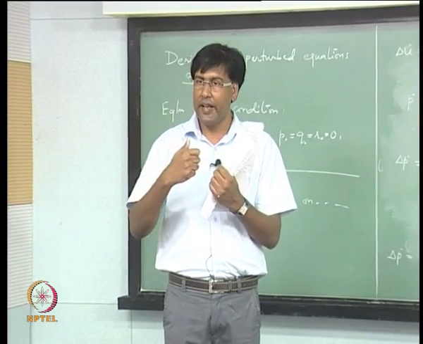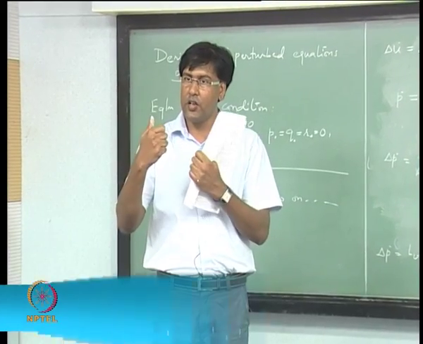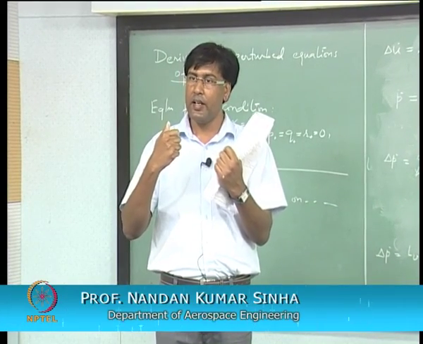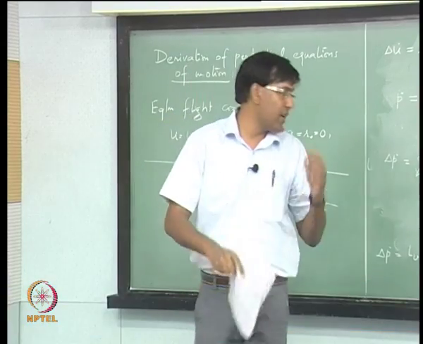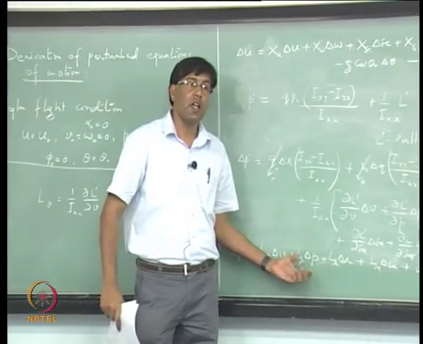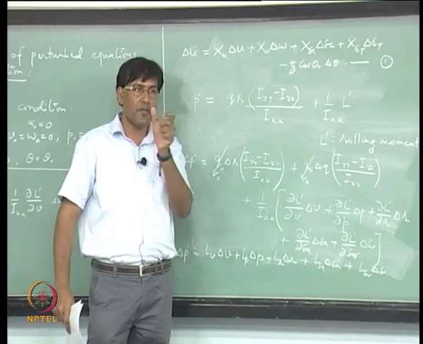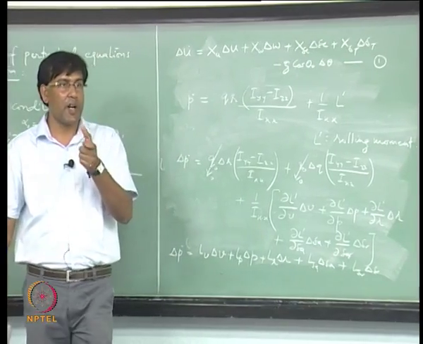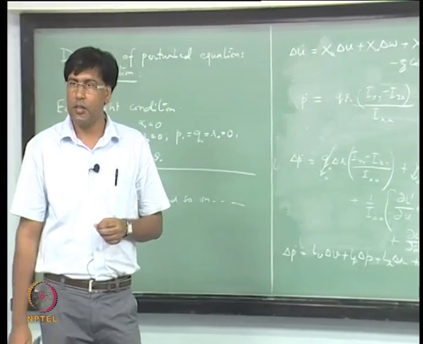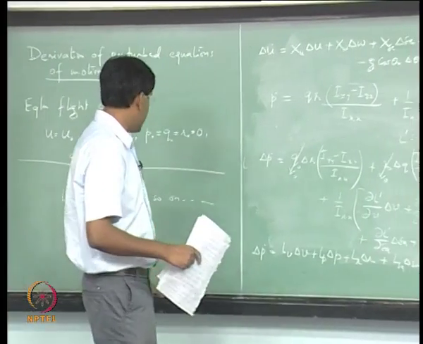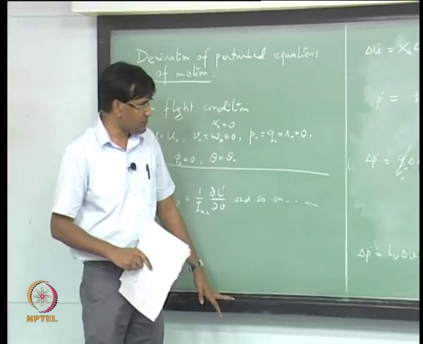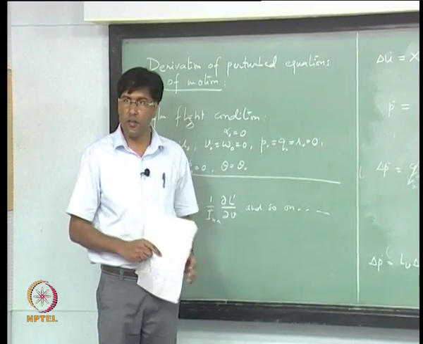So you can be flying with non-zero delta R. So delta R naught can be non-zero, but here when we are deriving the perturbed equations of motion, we are talking about perturbation from that trim condition. Okay, so we will write other 4 perturbed equations in the next class.